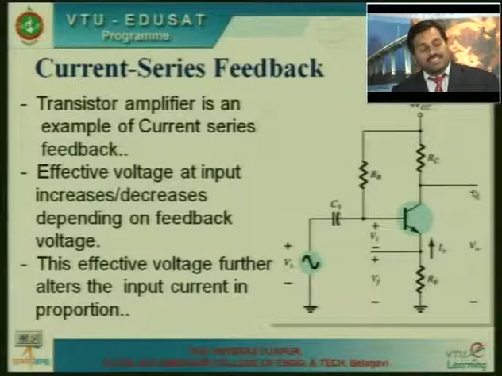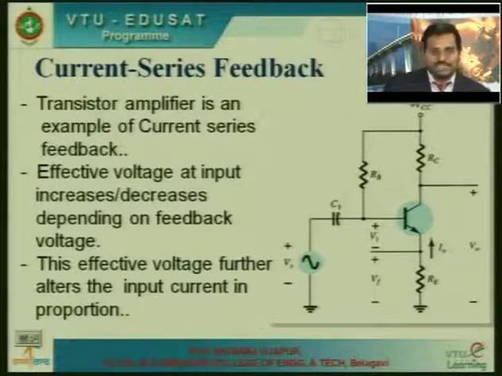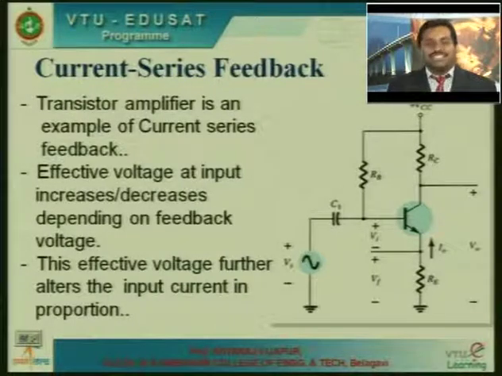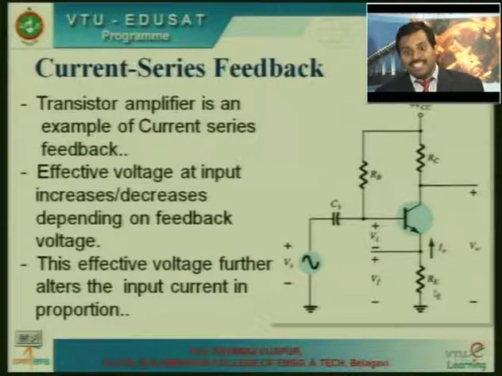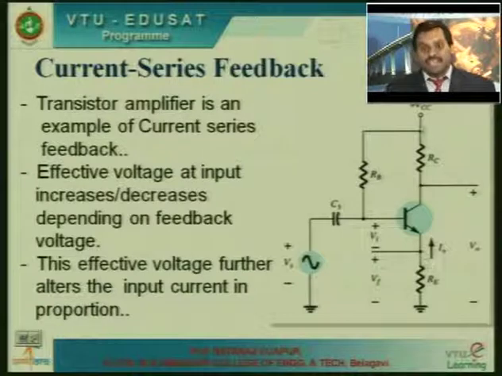Now can you visualize how the feedback happens here? The feedback happens via the resistance RE. This RE is common to the input loop as well as the output loop.